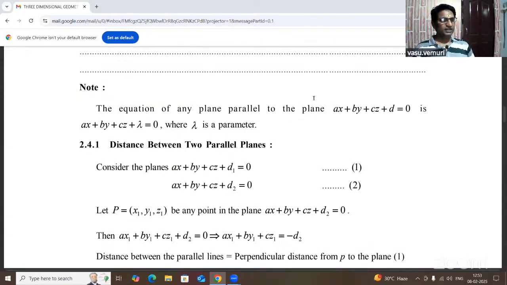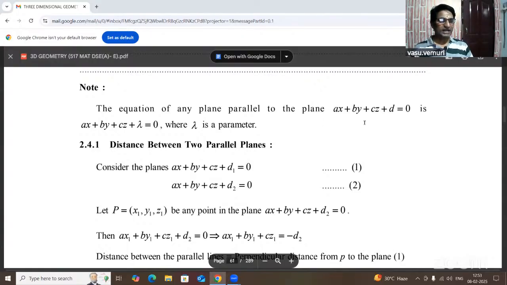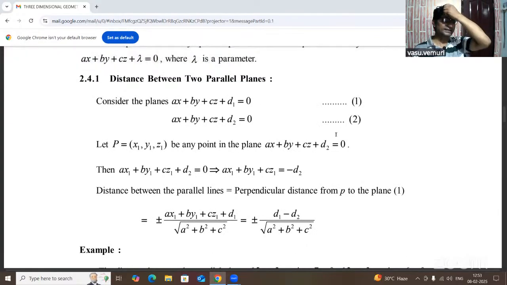Here see this one: distance between any two parallel planes. Very simple concept. There are two planes given, and those planes are parallel planes. Parallel planes mean the same coordinates, but the distance is entirely different. Here x, y, z is a point on the first plane, and the same x, y, z is also a point on the second plane.